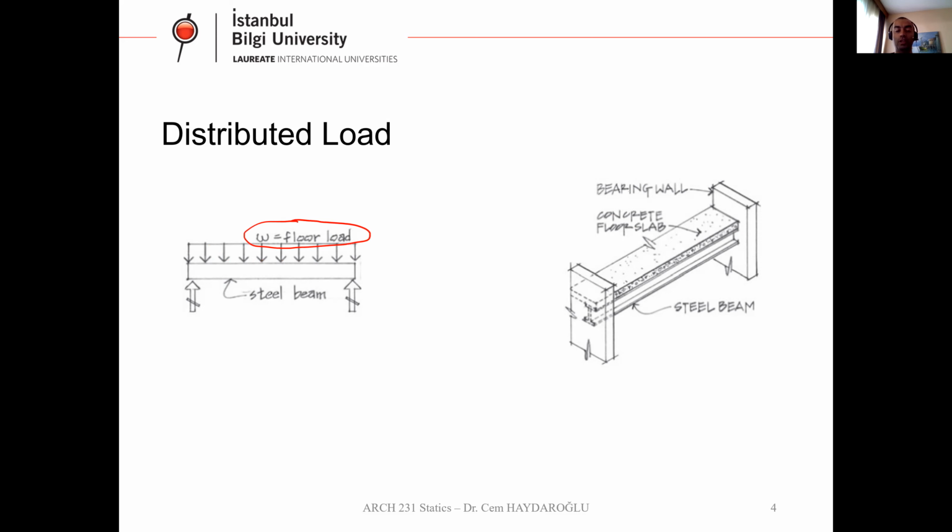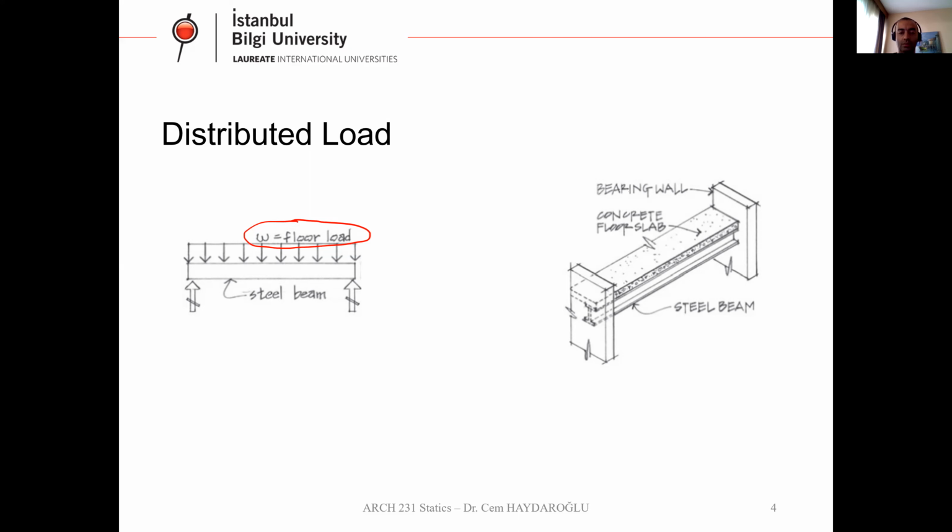That's why we show this type of load as distributed load, yayılı yük. Distributed load in Turkish is yayılı yük. Concentrated load, tekil yük. I'd like to say the Turkish words. If you have a look at Turkish books, you're going to see these wordings.